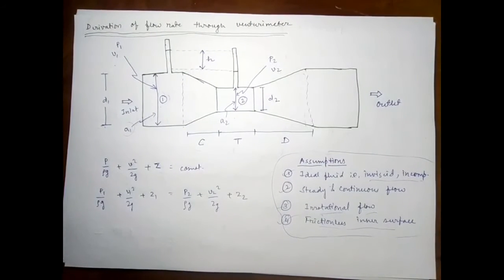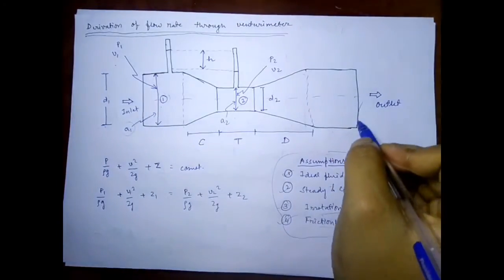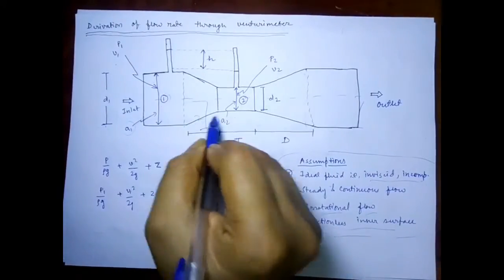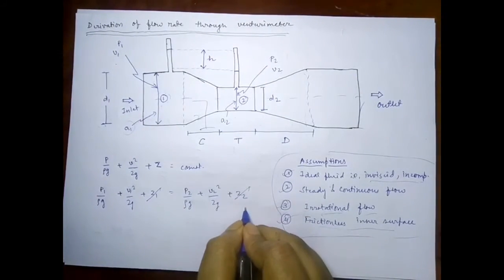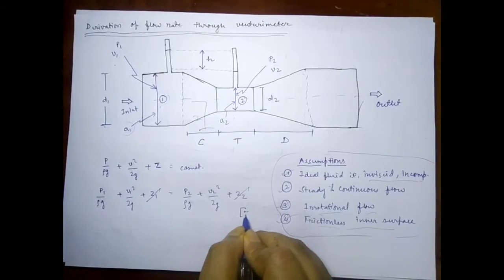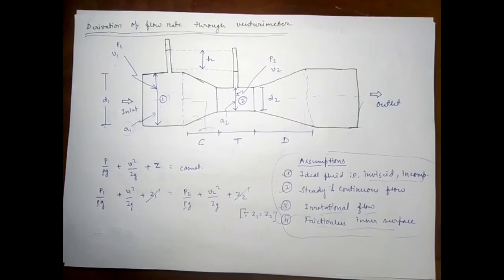Since the pipe is horizontal, there shall be no difference of the datum. So I can eliminate Z1 and Z2, since Z1 is equal to Z2, the pipe is horizontal.